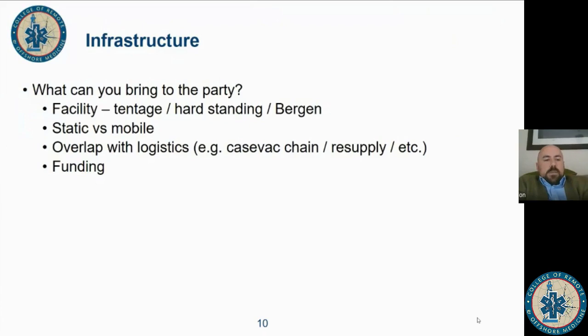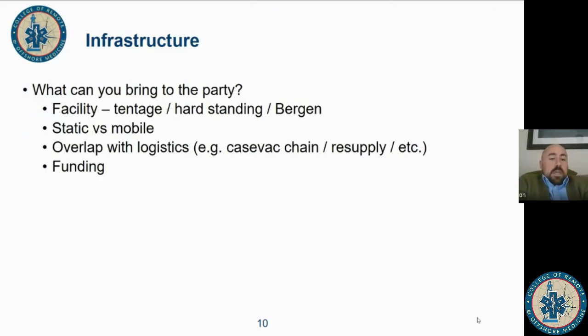Is it going to be something that is tented, so relatively quick to put up? Is this going to be a proper hard standing, so you're going to require the appropriate resources to actually build something that may be permanent or may not be? Or is this literally going to be dealt out of the back of the bag which is on your back? Which takes us to the next thing.